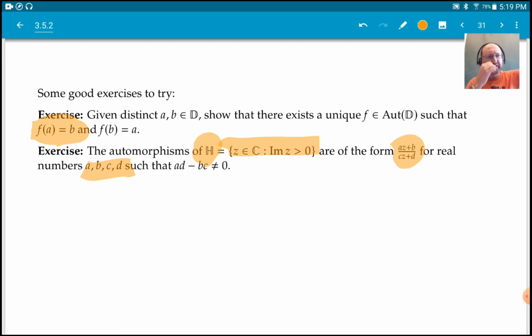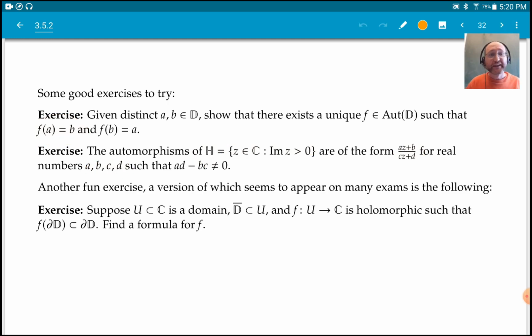We'll actually show that later on in the course: any domain which is not the entire complex plane and doesn't have holes is equivalent to the unit disk. Although finding that equivalence is a different trick, much harder than showing that one exists.